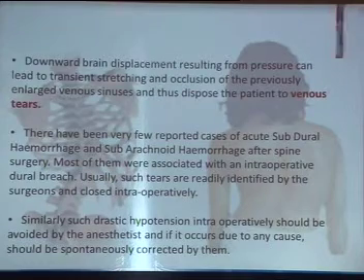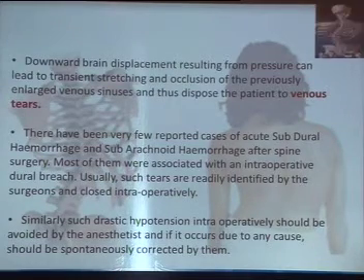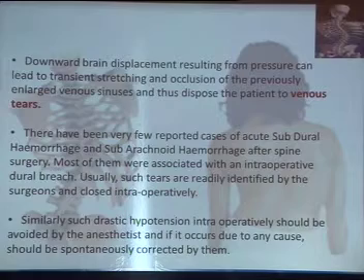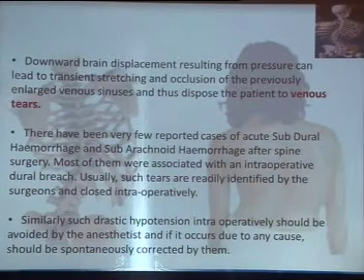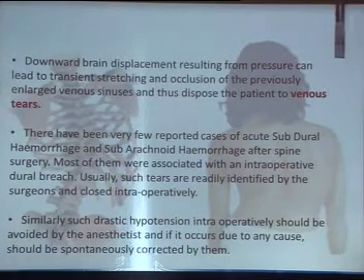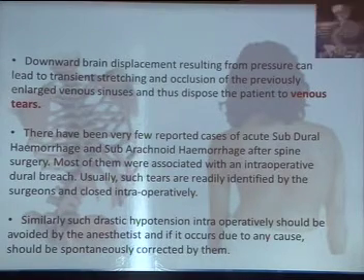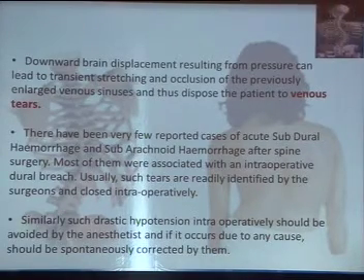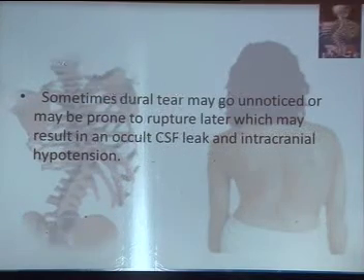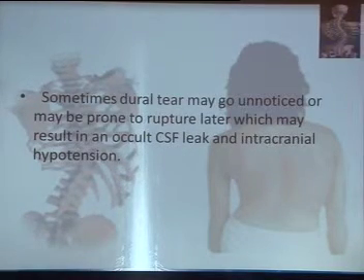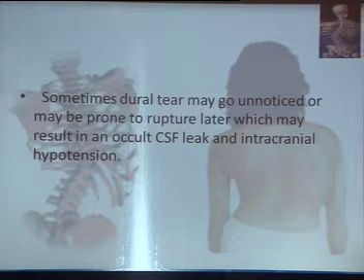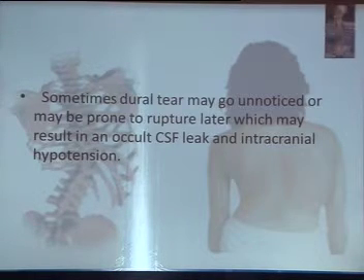Usually such tears are readily identified by the surgeons on the table and they are closed intraoperatively. Similarly, such drastic hypotension intraoperatively should be avoided by the anesthetist as well, and if it occurs due to any cause, should be promptly corrected by them. Sometimes a dural tear may go unnoticed or may be prone to rupture later, which may result in occult CSF leak and intracranial hypotension.